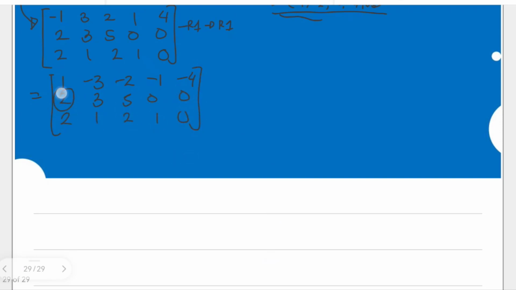Now let's make these 0, 0, by multiplying negative 2 to row 1 plus row 2 for a new row 2, and the same thing here, plus row 3 for a new row 3. So this would mean 1, negative 3, negative 2, negative 1, negative 4. You have negative 2 times 1 is negative 2 plus 2, 0.